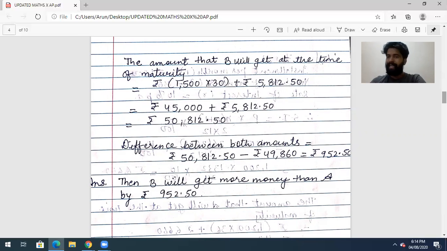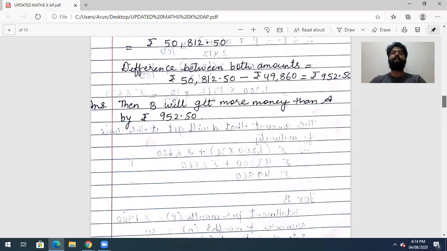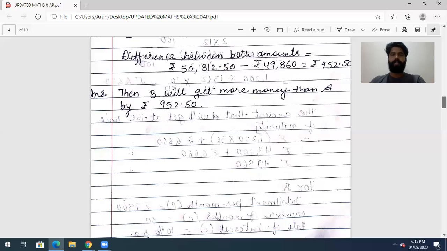So it is clear B is getting more amount. उसको 50,812 rupees and 50 paise मिल रहे हैं, whereas A was getting 49,860 rupees. So we will calculate the difference between both the amounts, which is 50,812 rupees and 50 paise minus 49,860 rupees, which is rupees 952 and 50 paise. So we'll write the final answer statement as B will get more money than A by rupees 952 and 50 paise. I hope you all have understood the question.